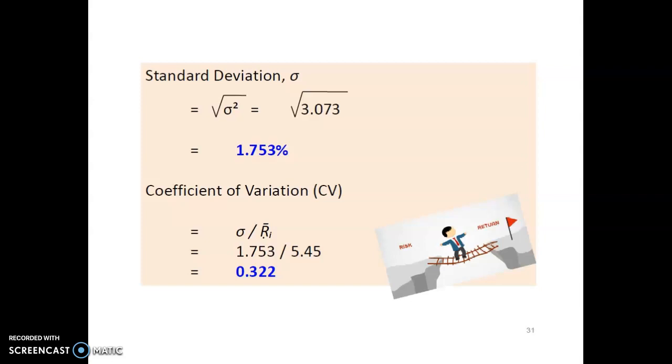As for the coefficient of variation, the formula is standard deviation divided by your average return. So this is the value of your standard deviation, and this is the value of your expected return or the average return.